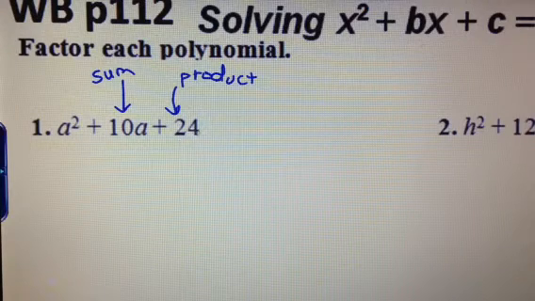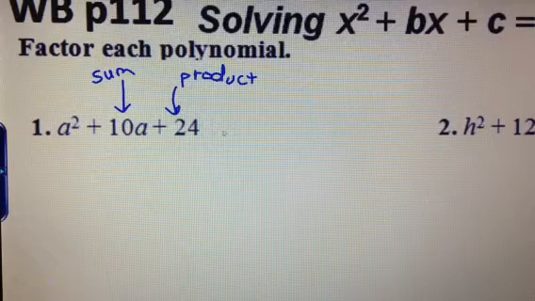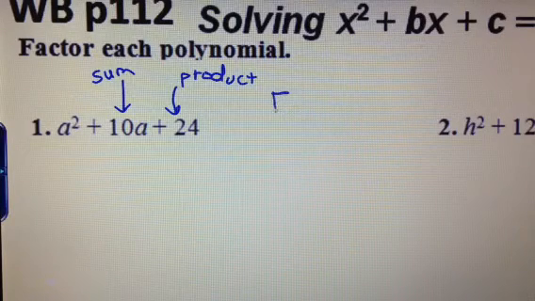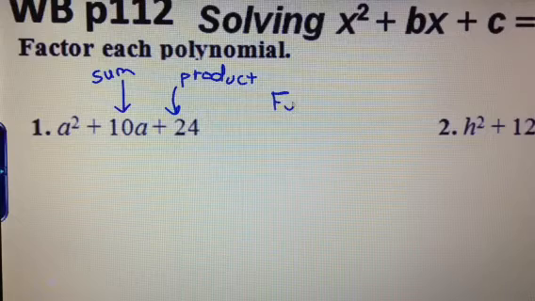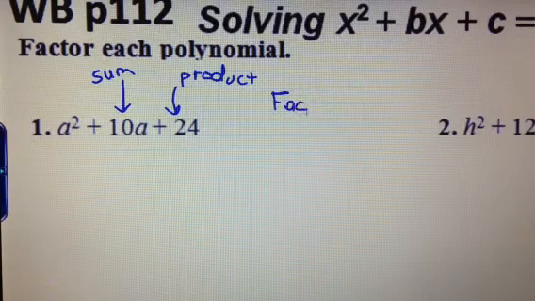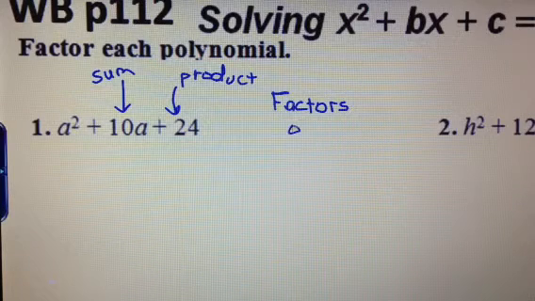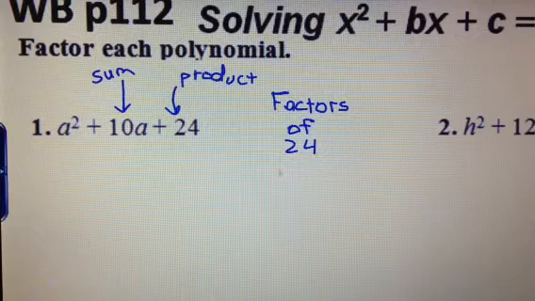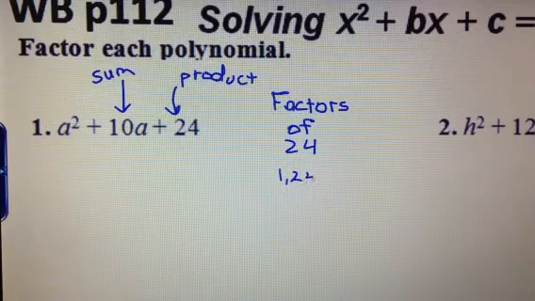Now if you think of the factors of 24, 1 and 24, it may help you if you list out the factors of 24, so I'll go ahead and do that. And we'll list them out in pairs. So factors of 24, we could take 1 and 24.